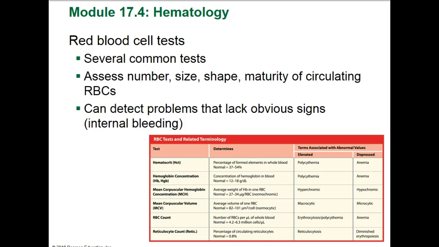That may tell us something about how well other organs are working, like the spleen, in removing older cells. So we can detect problems that lack certain obvious signs, like internal bleeding. So in this table, it shows some of the types of tests you may perform, and it tells you what certain elevated or depressed levels may indicate.